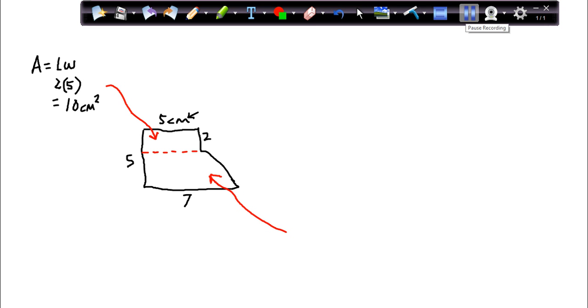Now, you're going to look at the next shape. Now that we have the area for the rectangle, now let's get the area for the other shape, which is the trapezoid. So let's write out the formula for a trapezoid. Look on your formula chart. The area for a trapezoid equals half height times base 1 plus base 2.